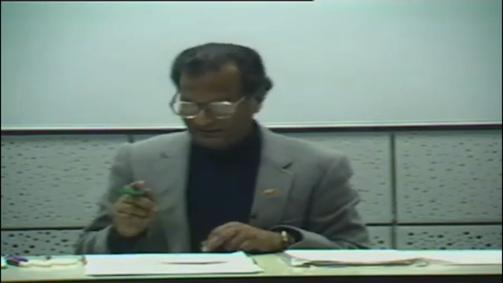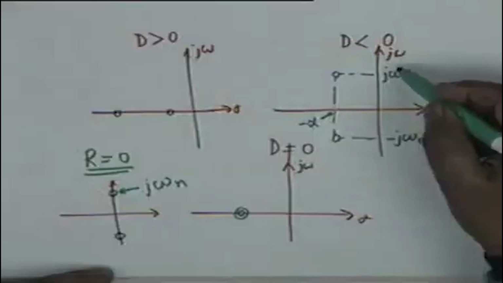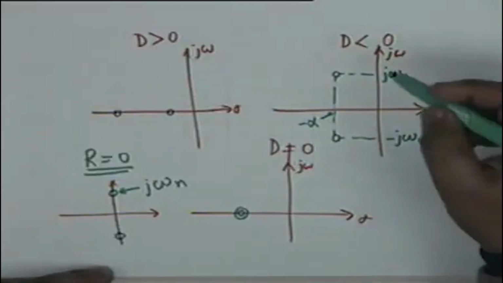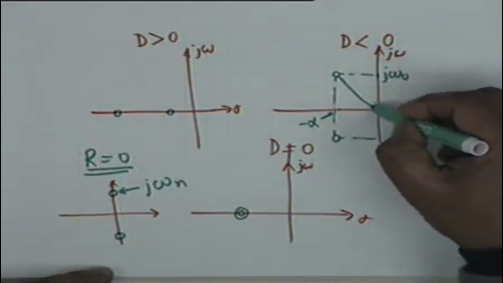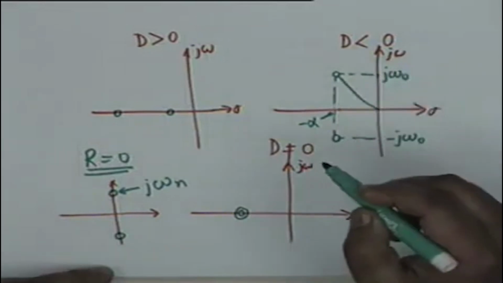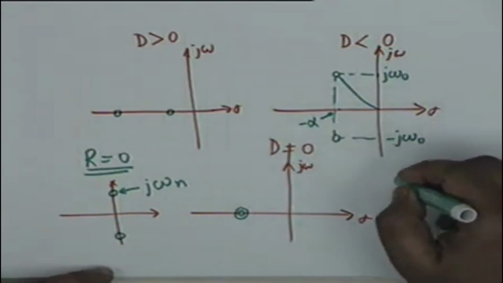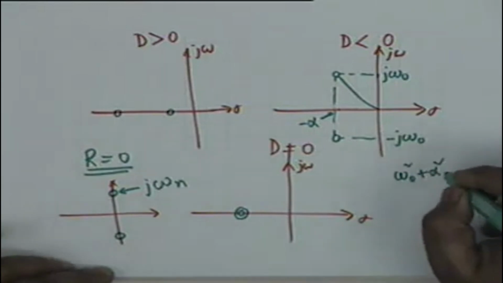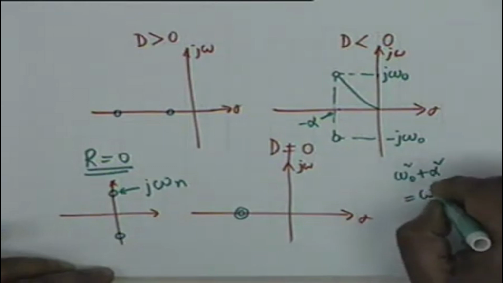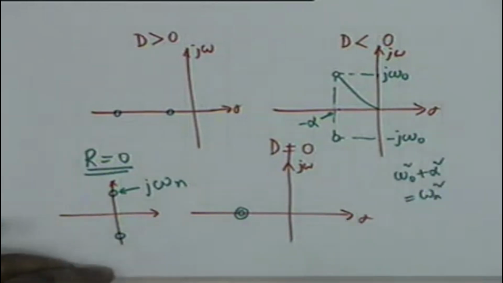Okay. Now look at this case, D less than 0. This is omega 0 and this distance is alpha. So what is the distance of the root from the origin? Omega naught squared plus alpha squared. Isn't this simply equal to omega n squared? Okay.